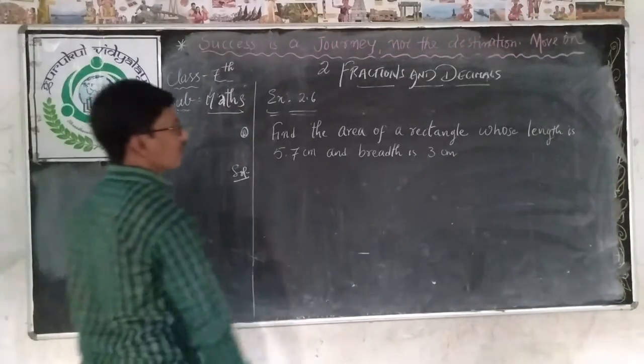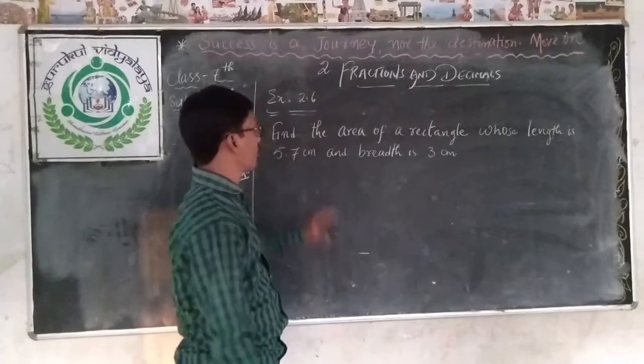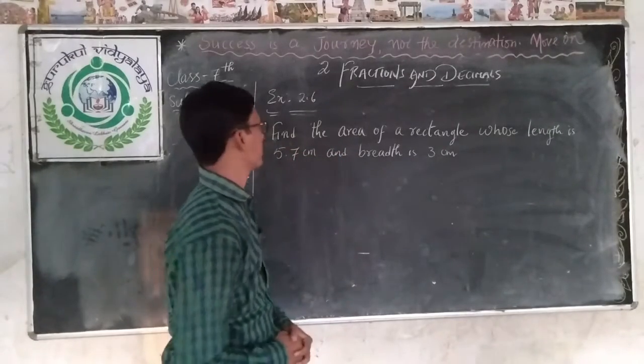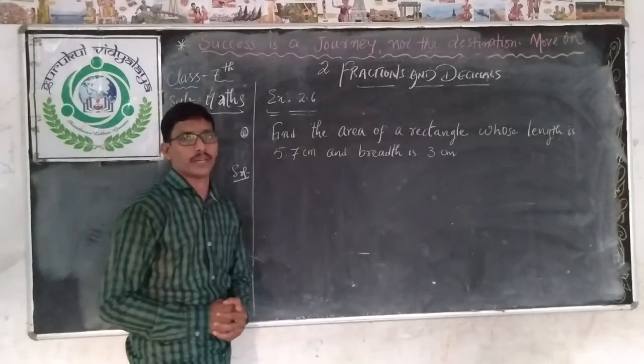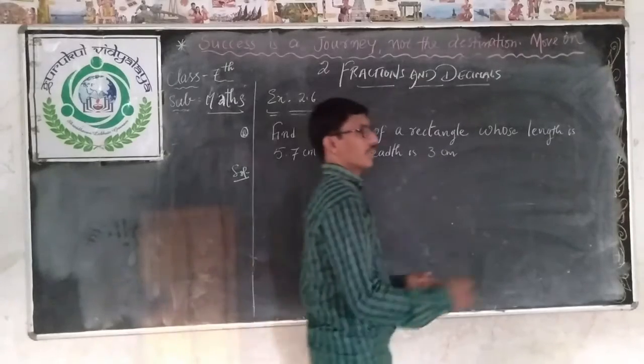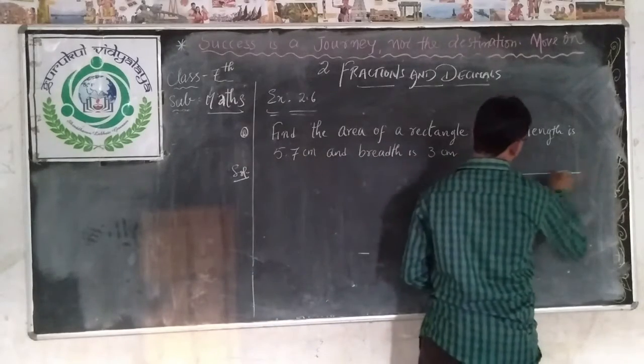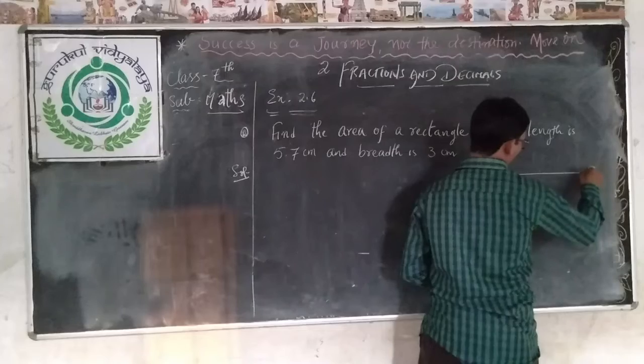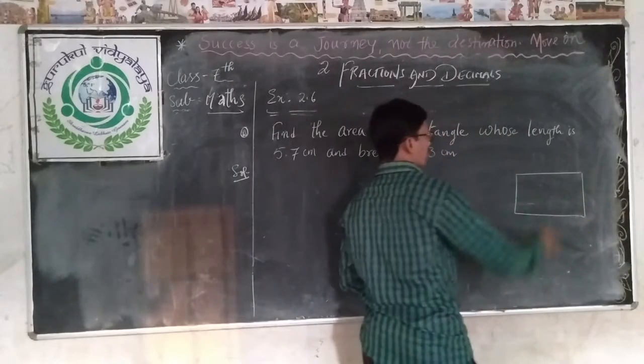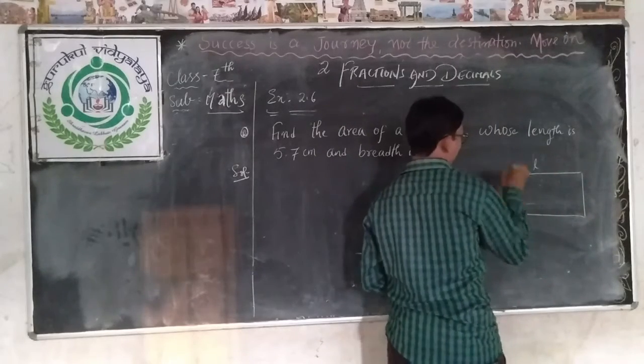Okay children, coming to the next problem. Find the area of a rectangle whose length is 5.7 centimeters and breadth is 3 centimeters. Let us draw a rectangle diagram, with the length and breadth.